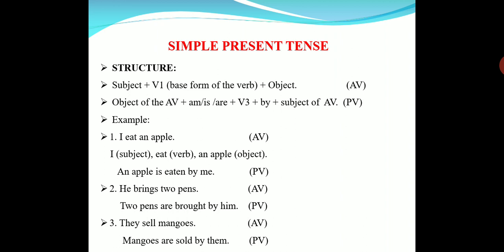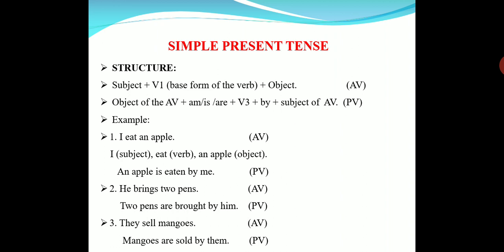Now let us see the examples. I eat an apple. I is the subject, eat is the main verb, an apple is the object. So we have divided it. Now the object becomes subject. What is the object? An apple. An apple is third person singular, so what be form do we use?